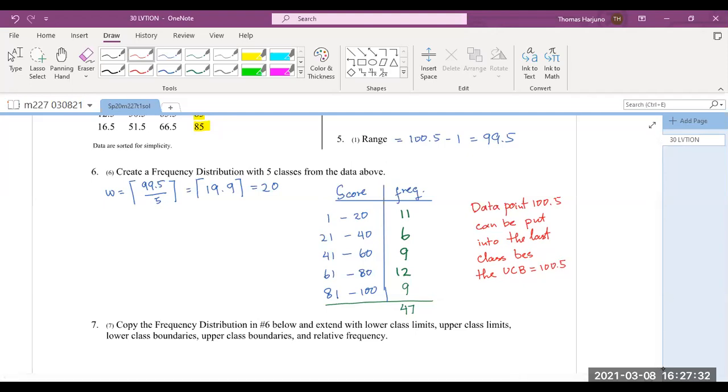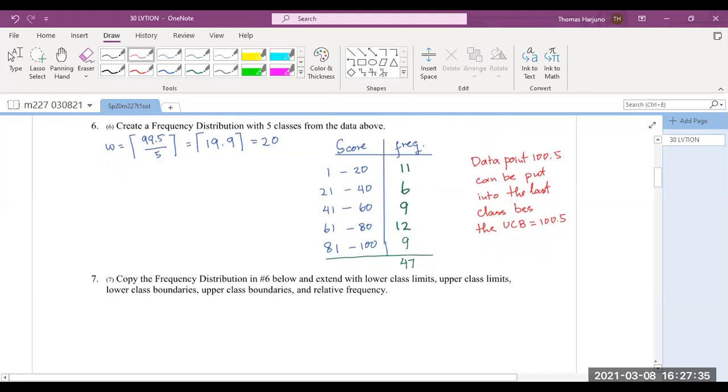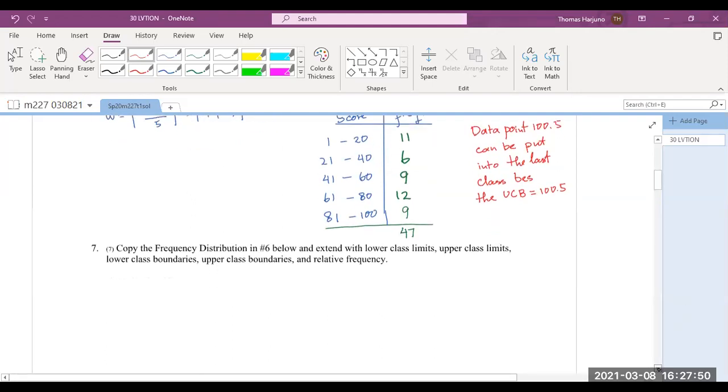Okay, number 7. Number 7, we will copy that frequency distribution in number 6 and we copy that below and we will extend with lower class limit, upper class limit, lower class boundary, upper class boundary, and relative frequency. Let me prepare the stage first. That's the score. And then the frequency.